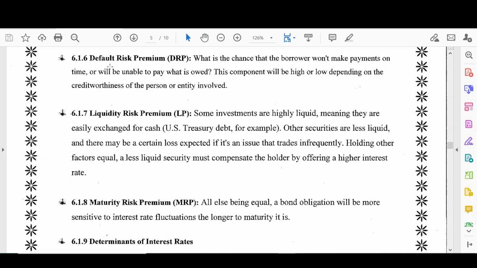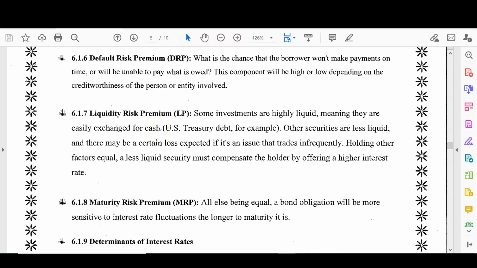Especially for small startup firms, there is a chance that they could go bankrupt and they couldn't pay you the bond interest anymore. So especially for those smaller risky firms, the default risk premium is higher, so we would add a higher DRP. For large mature firms, the DRP will be lower. And the DRP for treasury bond is the lowest.